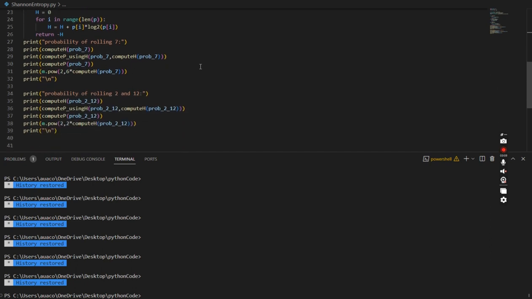I've shown you my functions. Now let's get to the probability computation.